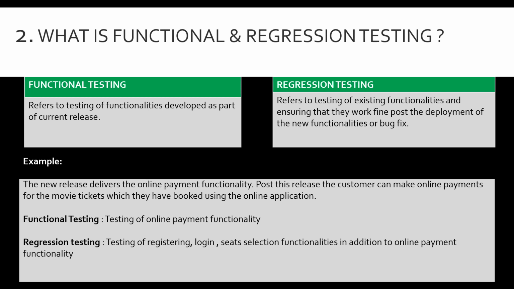All of these are existing functionalities, and they still need to work post the deployment of the online payment functionality. So testing of those existing functionalities is referred to as regression testing. These are the two key types of testing which would be asked by the interviewer.